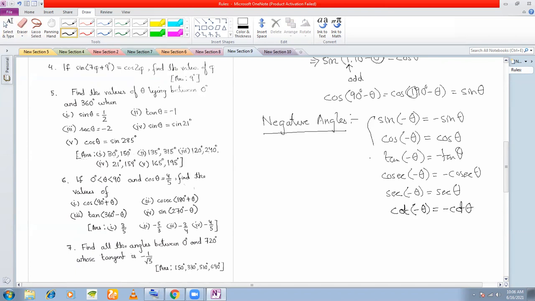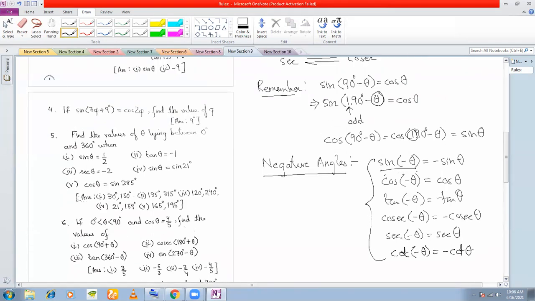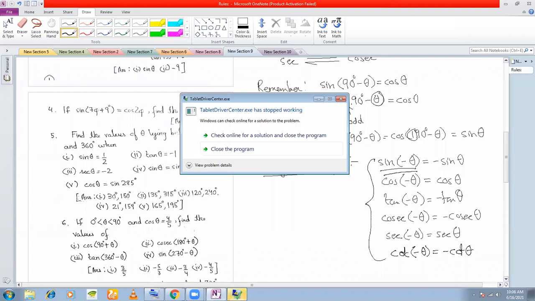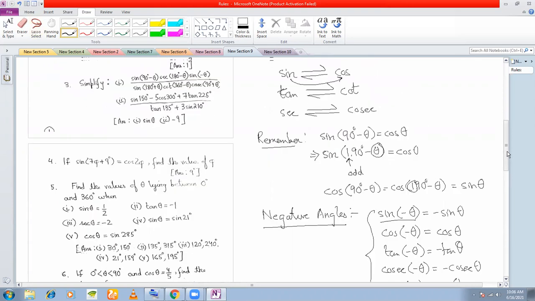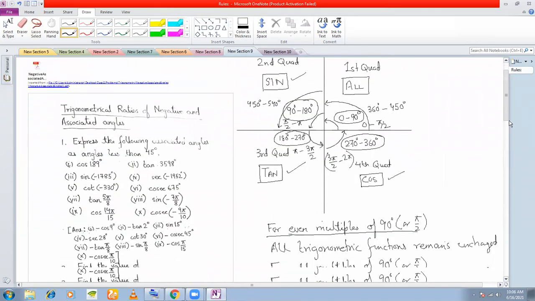Okay, remember these. Now what does this mean? Sine of minus theta, what does it mean? Sir, the value of theta is negative. Yes, the value of theta is negative, but what does this mean in this rotation?